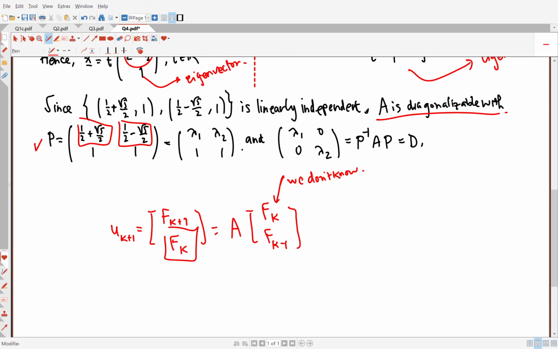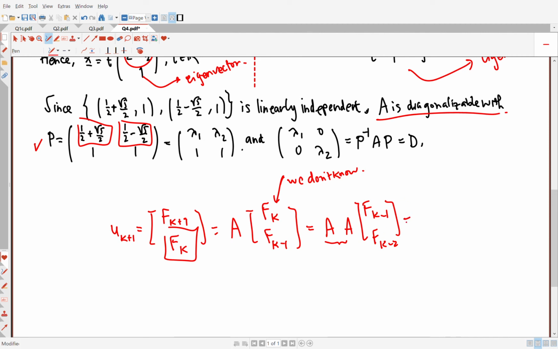So this is difficult, but we can change this into another form, which is A squared times (Fk minus 2, Fk minus 3)... that is, A times A times the earlier vector. And we still don't know what this is, right?